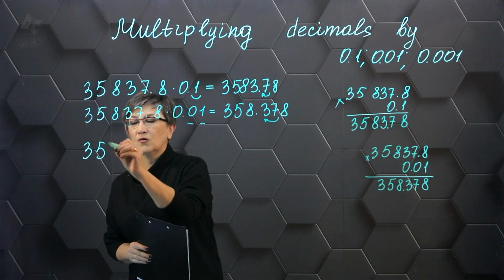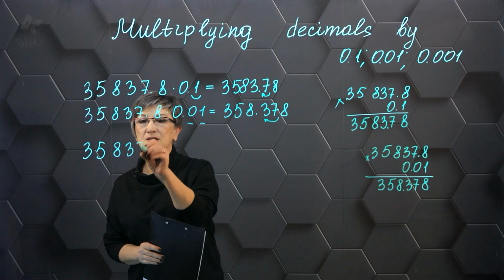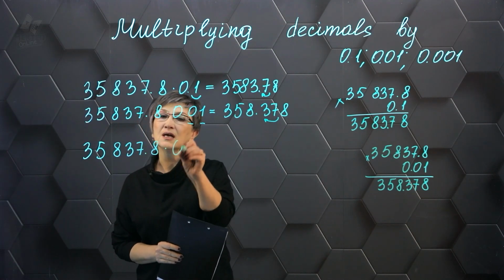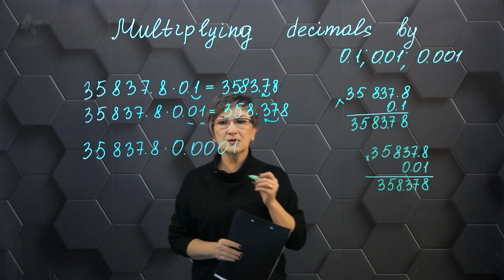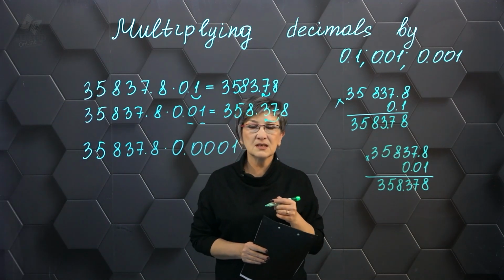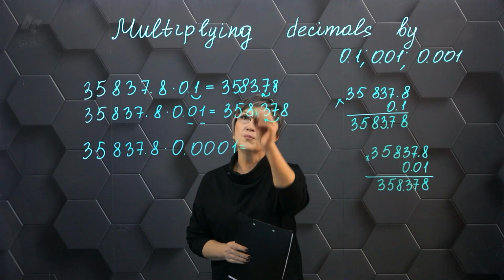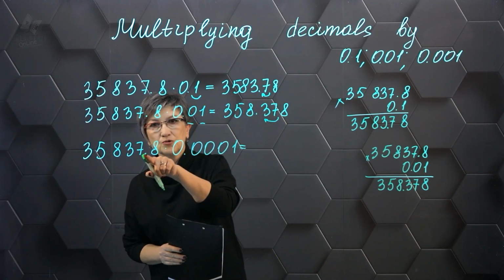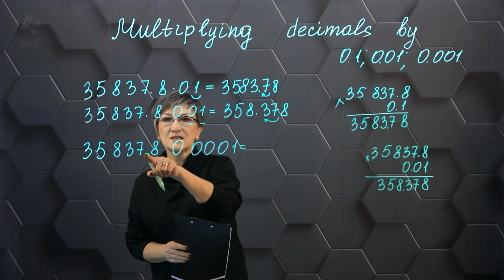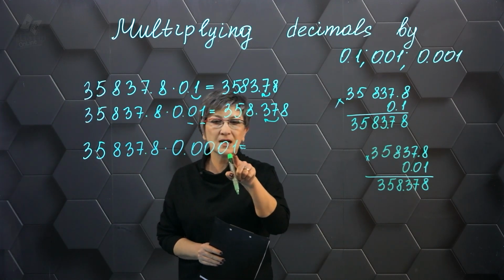And multiply the same number again, 35,837.8 tenths. I'm going to multiply by 0 whole ones, let's take 1, 10 thousandths. What is the result in this case? Using this rule, the decimal point in my answer has to move by as many digits as the number of digits after our decimal point.